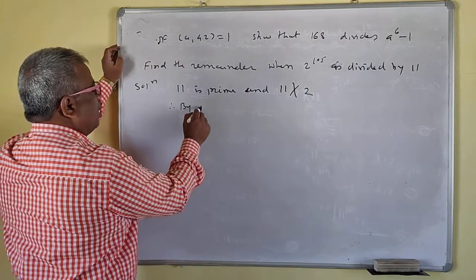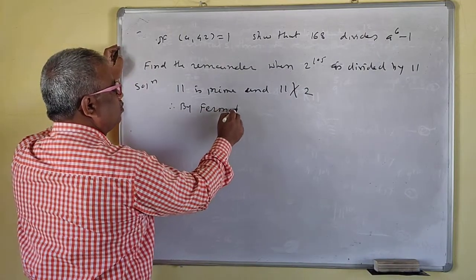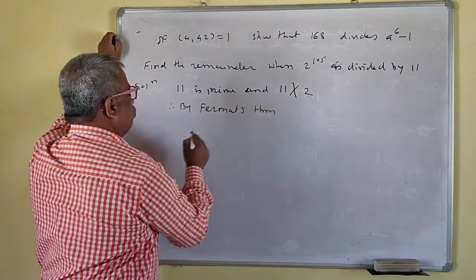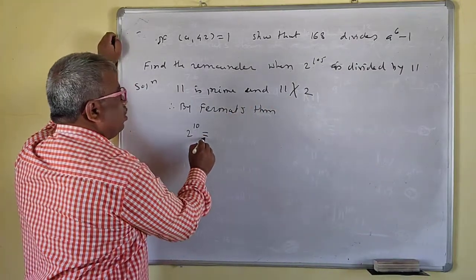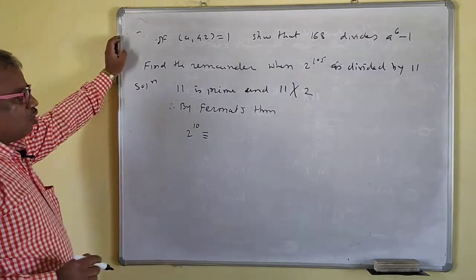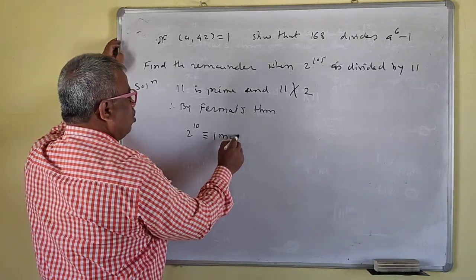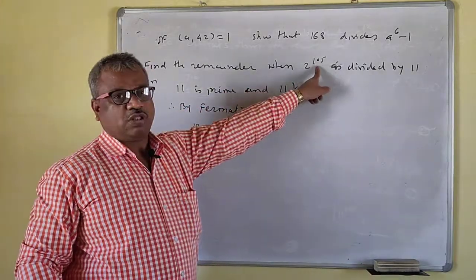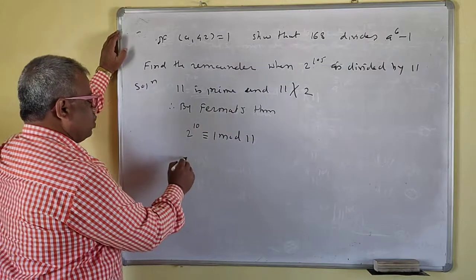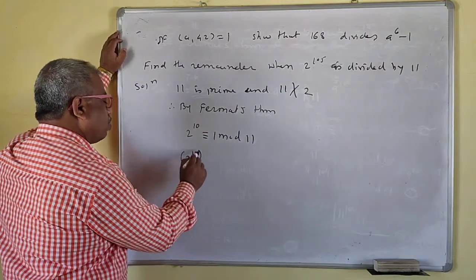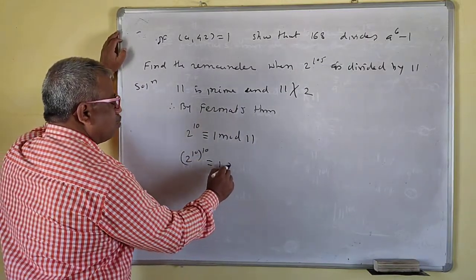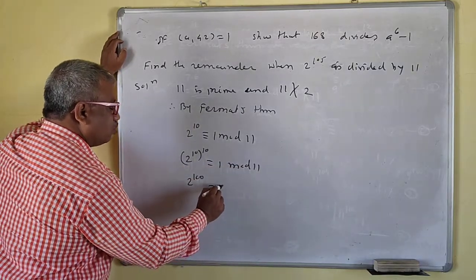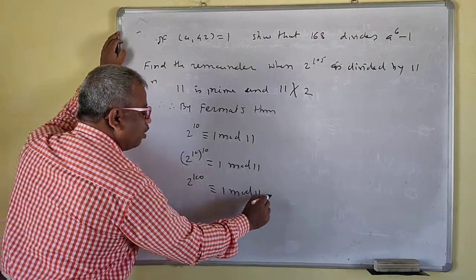Therefore, by Fermat's theorem, 2 raised to 10 is congruent to 1 modulo 11. So we have 2 raised to 105. I will take the 10th power of this one, 2 raised to 10 to the 10th power, so that I get 100 now. So 1 mod 11. So this is what: 2 raised to 100 is congruent to 1 mod 11. I will call this as 1 now.